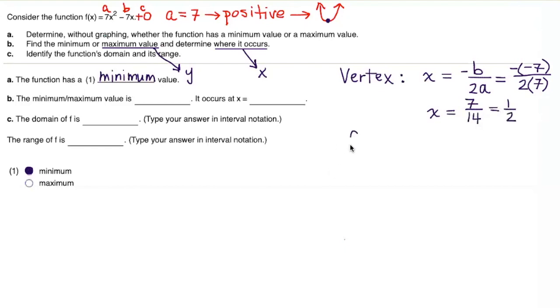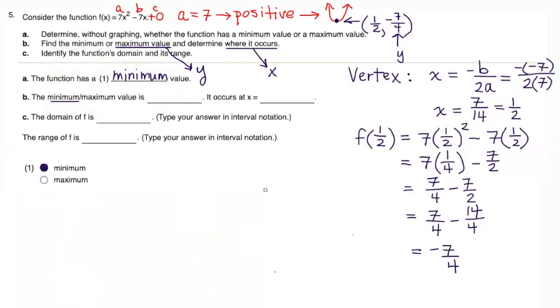Now I take 1/2, substitute it into my function. And if you're not particularly fraction friendly, you can use a calculator to evaluate this expression. From my work, I know that the minimum value is -7 over 14, and it occurs at the x value, x equals +1/2.